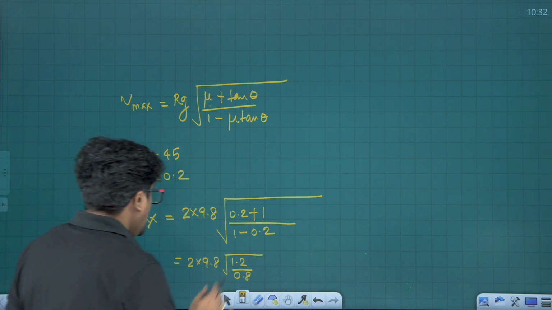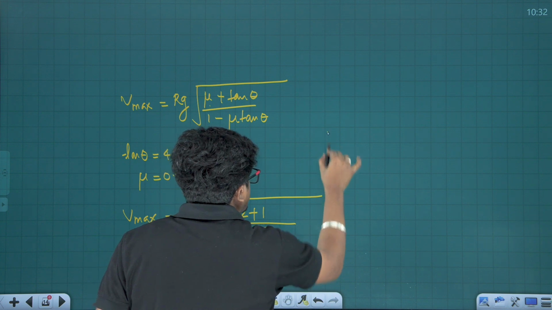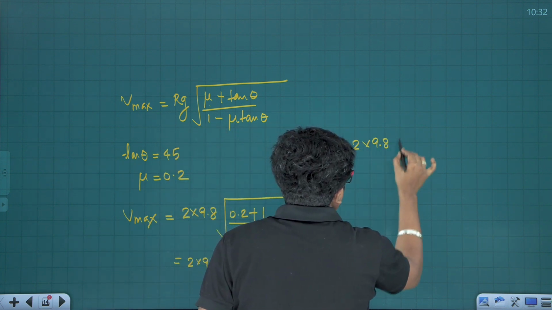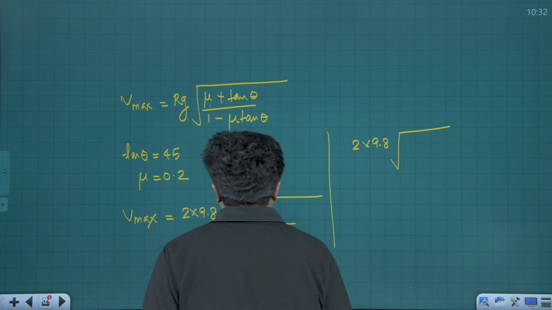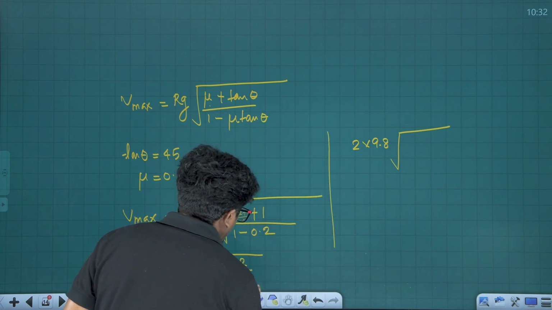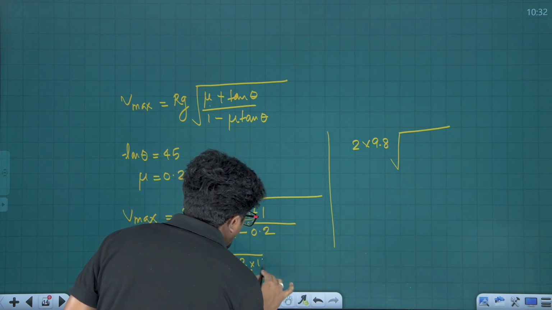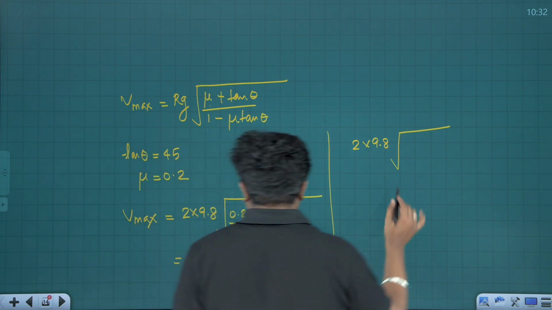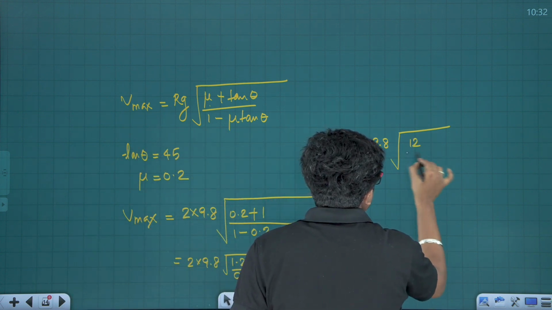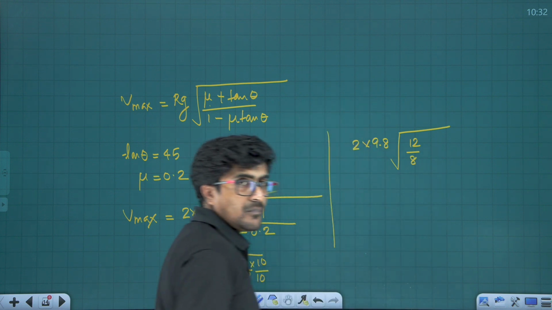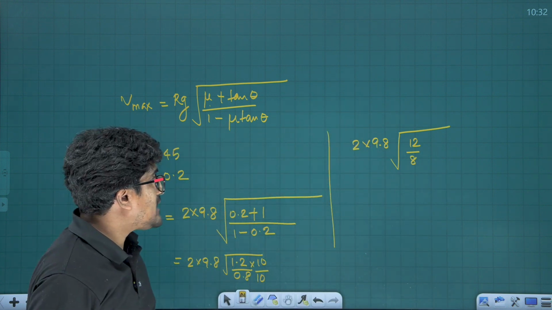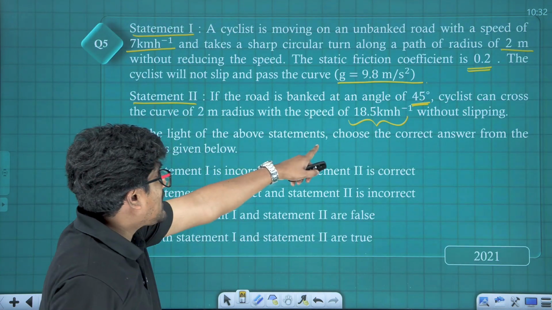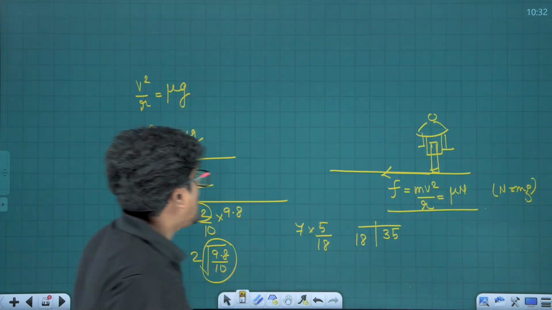Okay, and here you will get this as 2 into 9.8 times root of, let me multiply it with 10 and divide with 10, so here this is going to be 12 by 8. Okay, you are going to get it as 12 by 8, and here it's marked as 18.5 km per hour.